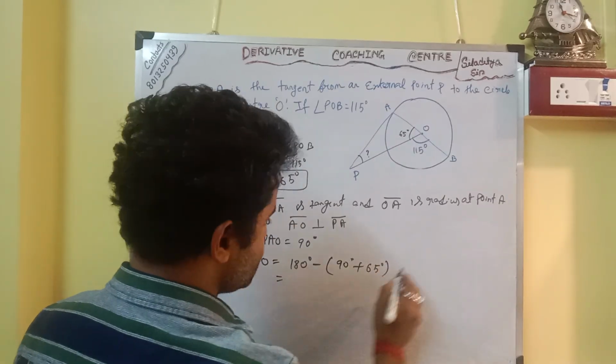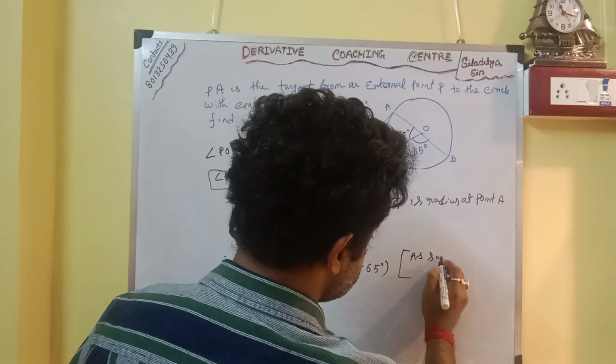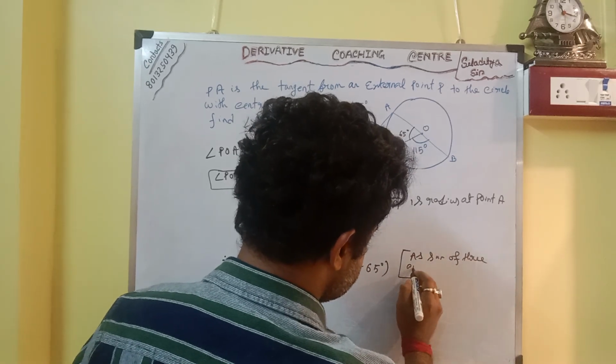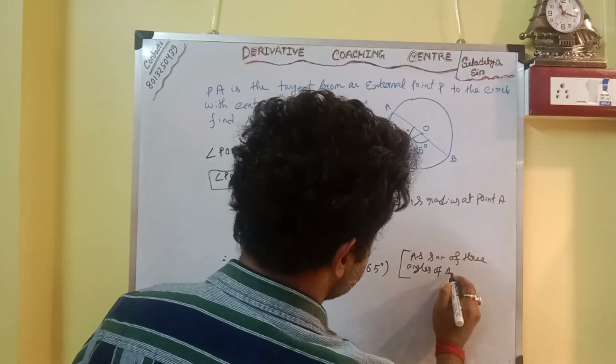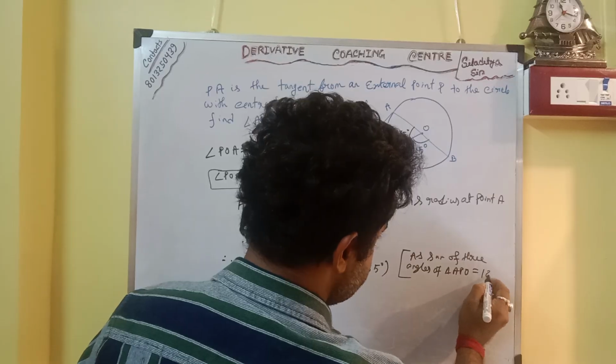Okay, so write as: sum of three angles of triangle APO equal to 180 degree.